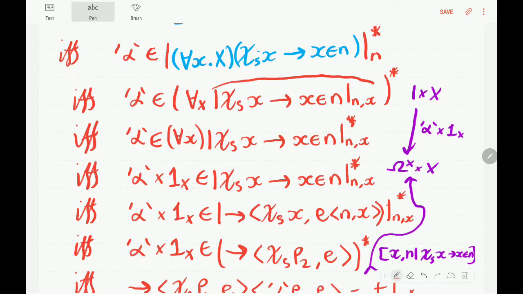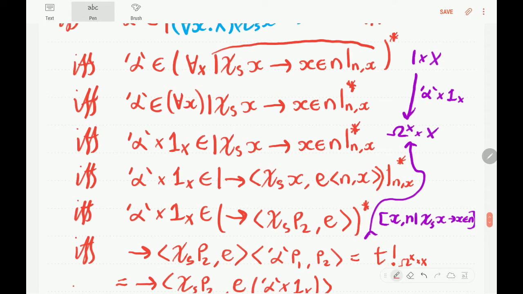And then we can just take the classifying arrow of this subobject, as in let's take the stuff inside the brackets, and we're going to have that this holds if and only if doing such an arrow after the name of alpha times identity of x sends everything to true.